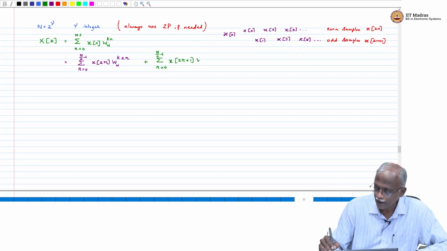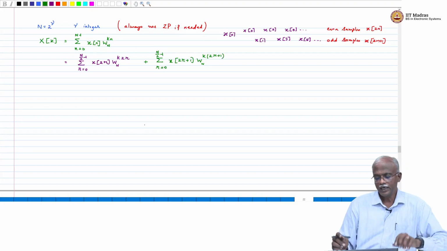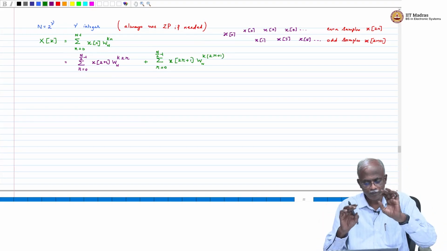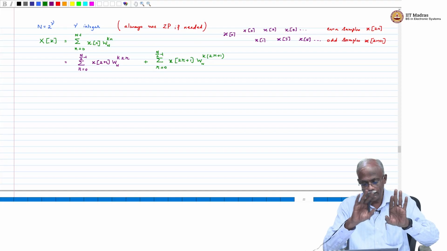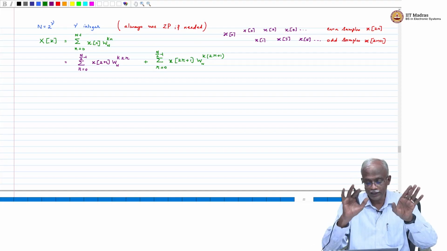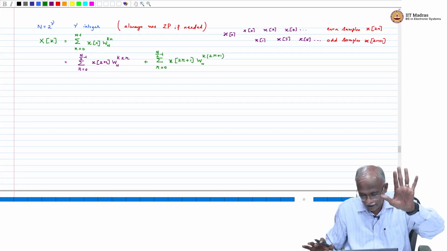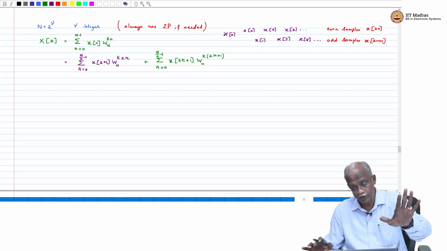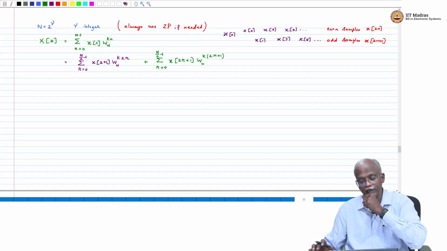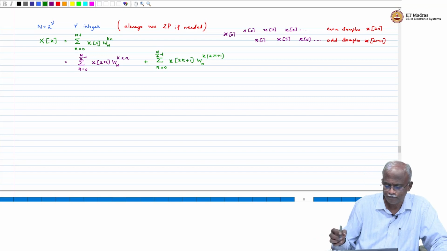So what we get is W_N^{k(2r+1)}. Okay, take a moment to make sure that you are able to see how we have split the computation into the term corresponding to the even samples and the term corresponding to the odd samples.